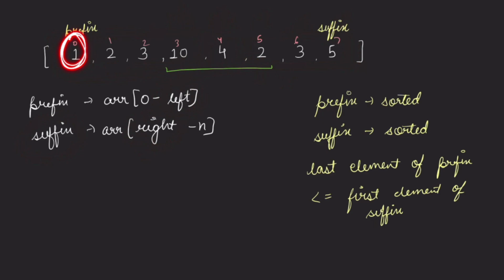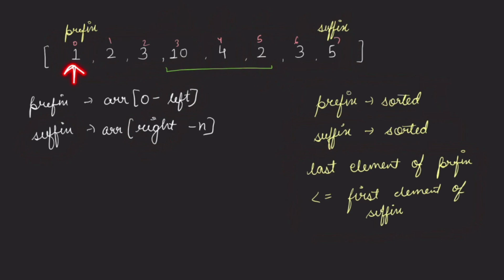By identifying the first element in this particular suffix where 1 is less than or equal to that element. When my left is here, this condition is sorted; my right is here, this condition is also sorted, and this we need to identify.